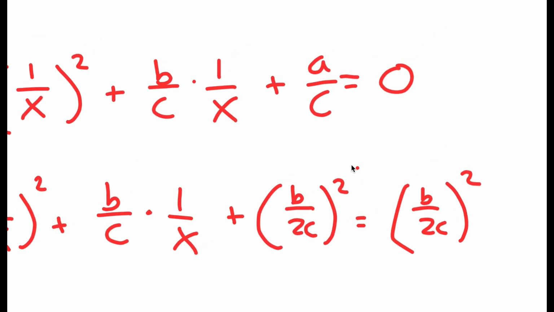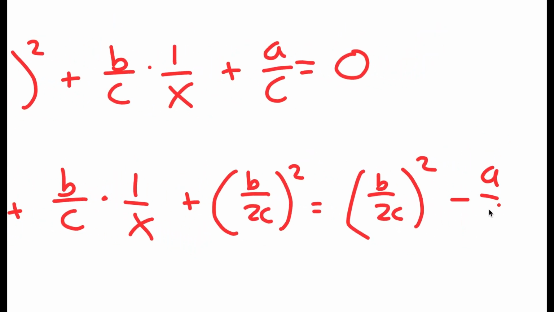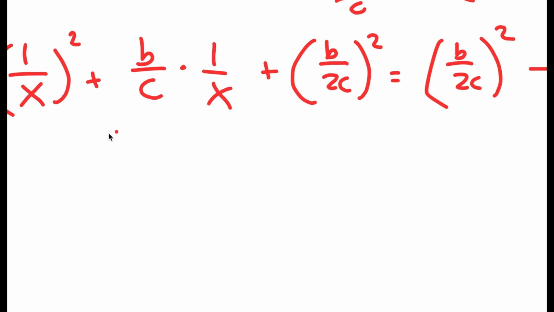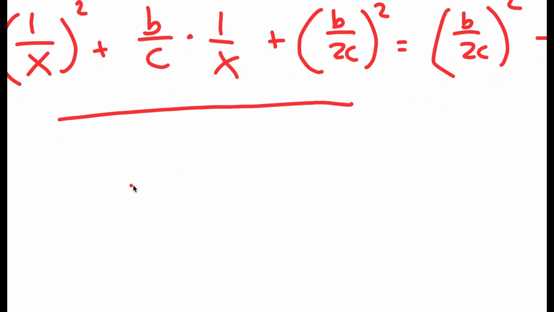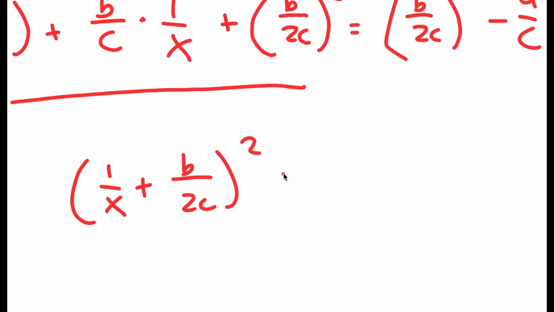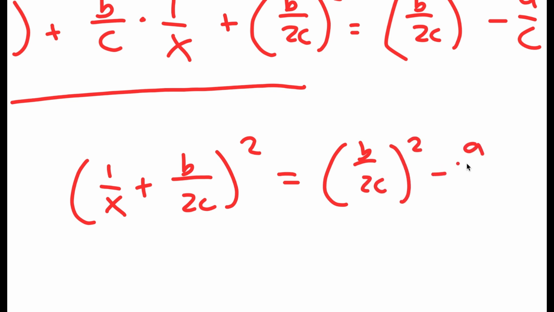And I'm also going to subtract a over c on both sides, so this cancels out. Now I can rewrite this over here as 1 over x plus b over 2c squared. So now this is equal to b over 2c squared minus a over c.